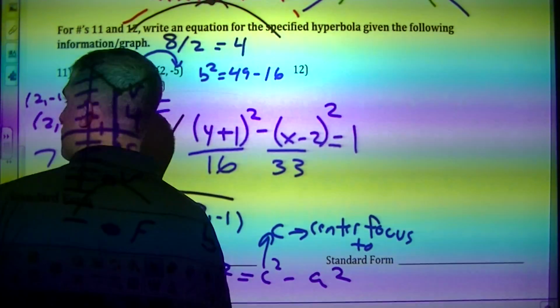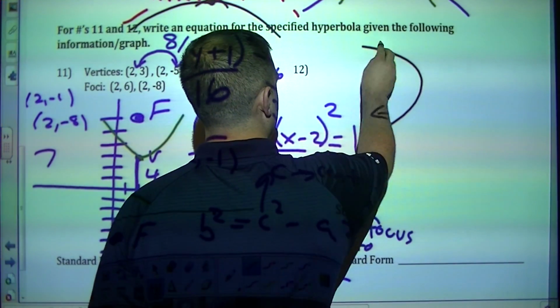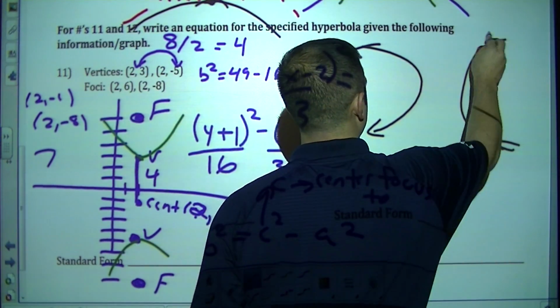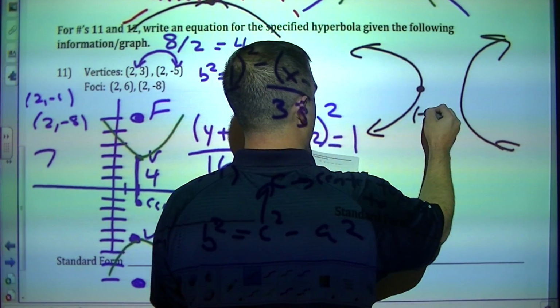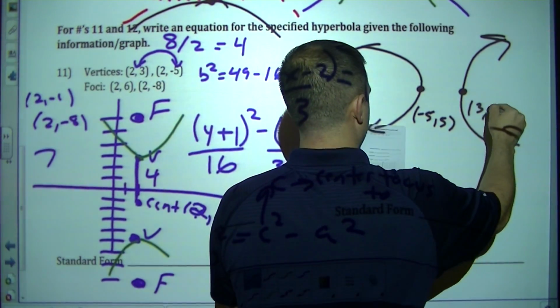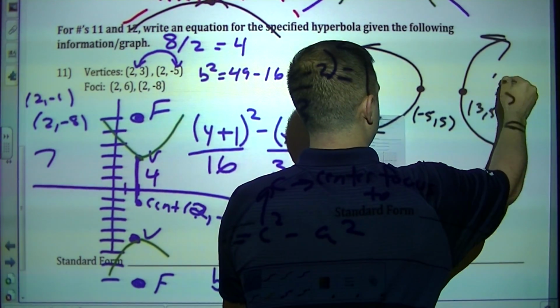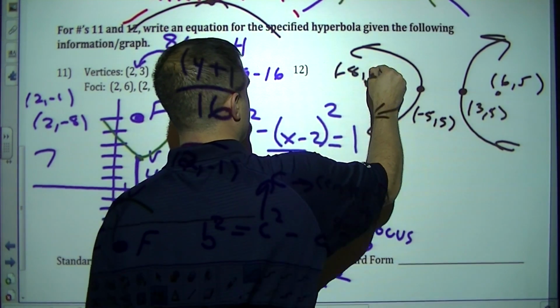Last hyperbola question. You've got a picture that looks like this, with -5, 5 for that number, that point 3, 5. I've got a focus of 6, 5 and a focus of -8, 5.